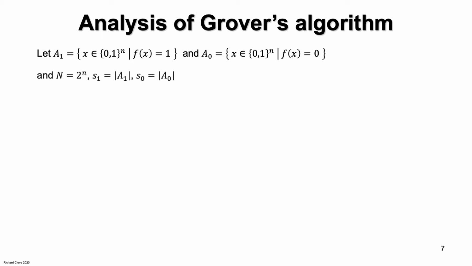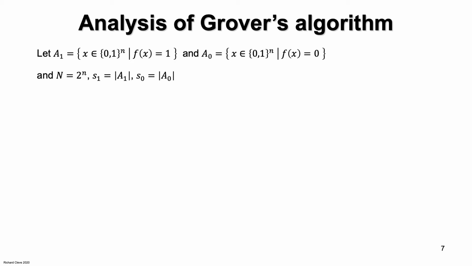Let capital N denote 2 to the lowercase n, the size of the search space. Let S1 denote the size of A1, the number of satisfying assignments, and S0 denote the size of A0. So note that S1 plus S0 equals N.